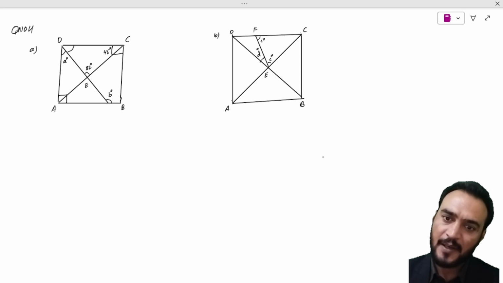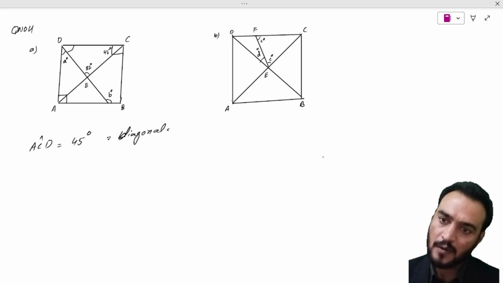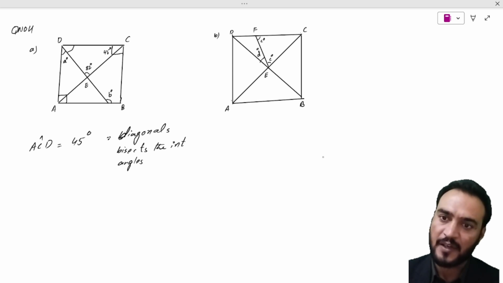So it means that angle ACD is equal to 45 degree, because diagonals bisect the interior angles. So ACD is 45 degrees.